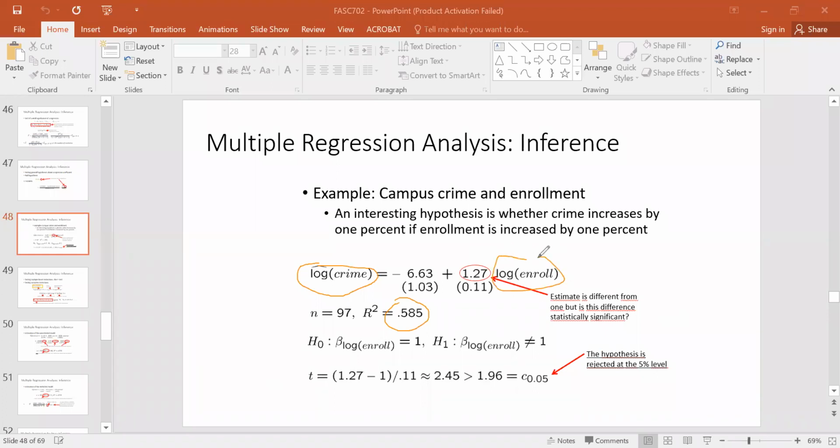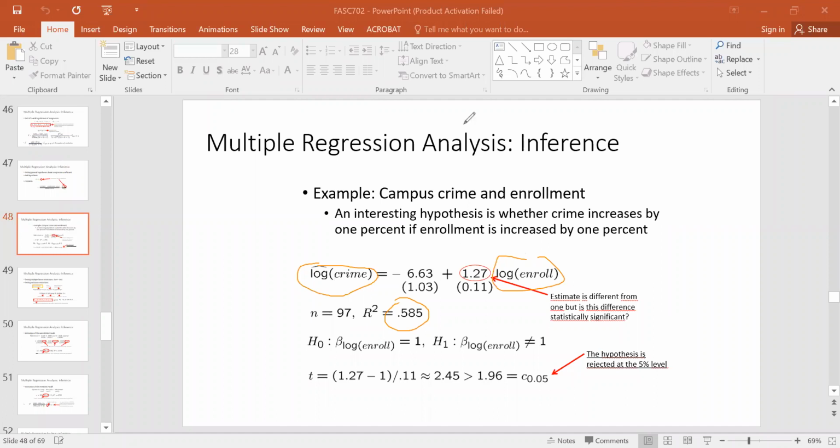Last week we wanted to see how enrollment in the university affects crime on campus, and we find that 58.5% of the crime we observe is explained by student enrollment.